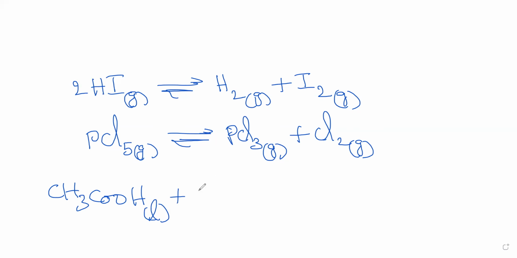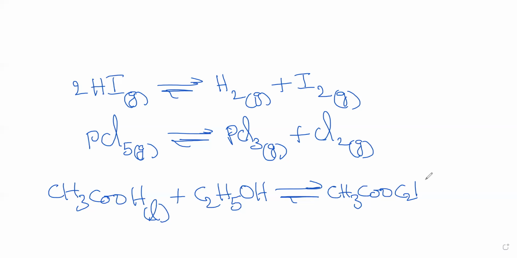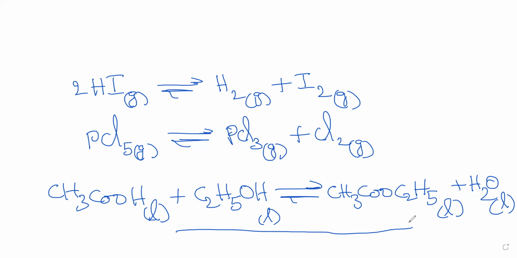On reaction with ethyl alcohol, C2H5OH, you get CH3COOC2H5, which is called an ester, ethyl acetate, and that is also a liquid, along with water by elimination, also a liquid. Everything is a liquid, so that is an example of homogeneous equilibrium.